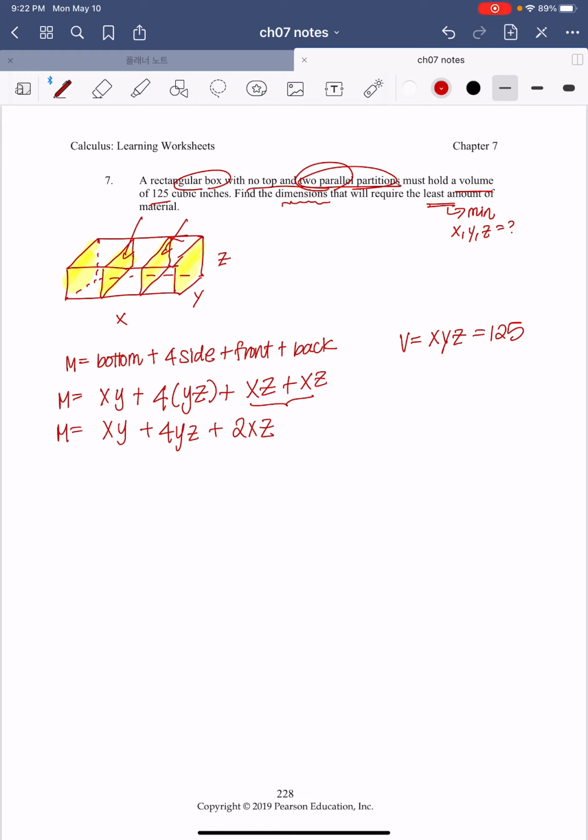All right. Now we have 3 variables and that gets a little bit too much. So let's reduce. We are going to use this function here to do some substitution.